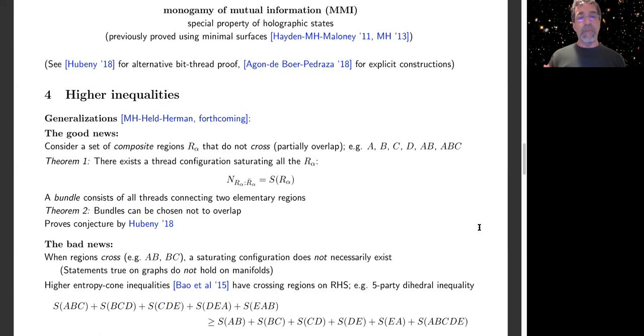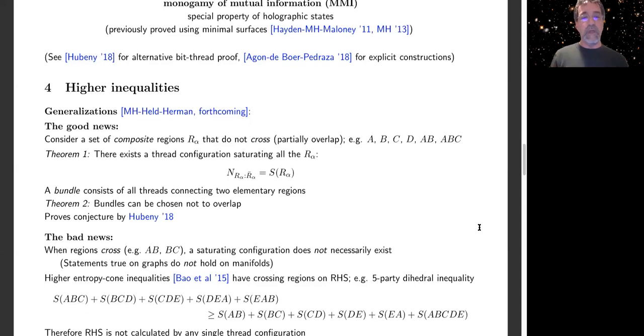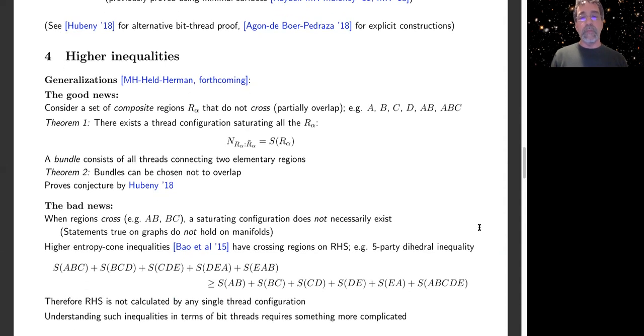And that's interesting because the higher entropy cone inequalities actually do have crossing regions. So the next simplest one after MMI is this inequality for 5 regions, which is called the 5-party dihedral inequality. And if you look on the right-hand side, obviously it has lots of crossing.